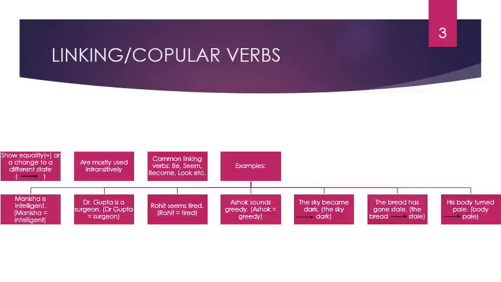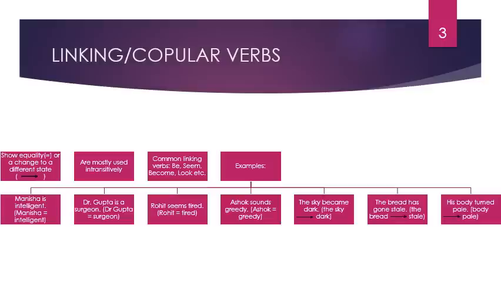These linking verbs are mostly used intransitively, which would mean that in most cases we would not have an object. They may be like be, seem, become, look, etc.